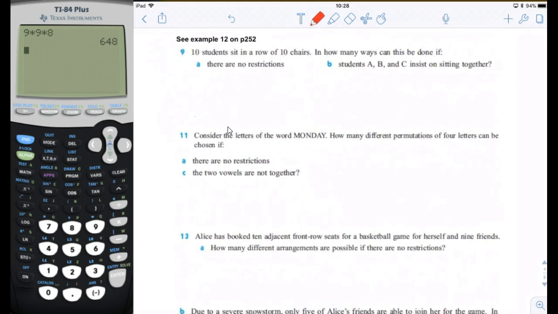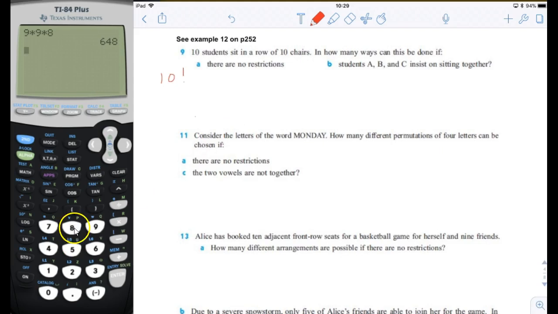Number 9. 10 students sit in a row of 10 chairs. In how many ways can this be done if there are no restrictions? Okay, so basically, if you have 10 slots and you have 10 different ways to fill them, that would be 10 times 9 times 8 times 7 times 6, and so on, which would be 10 factorial.